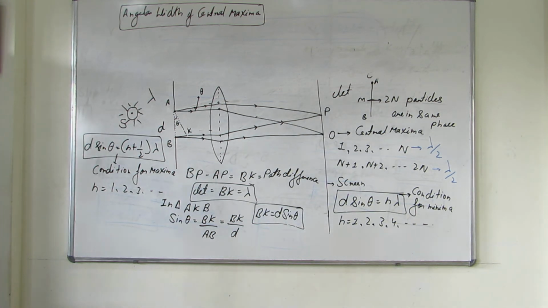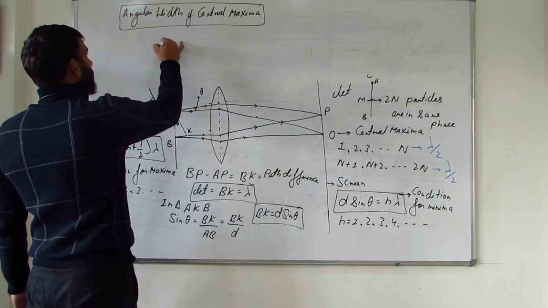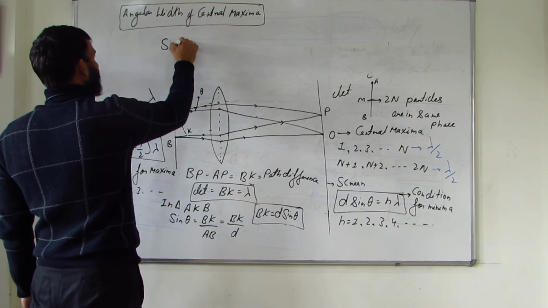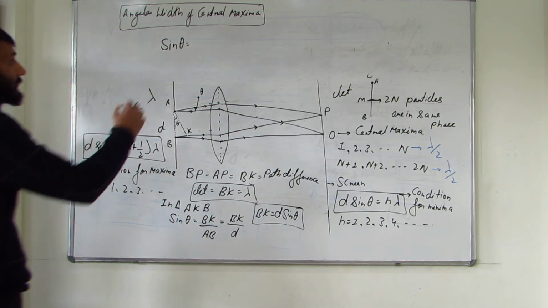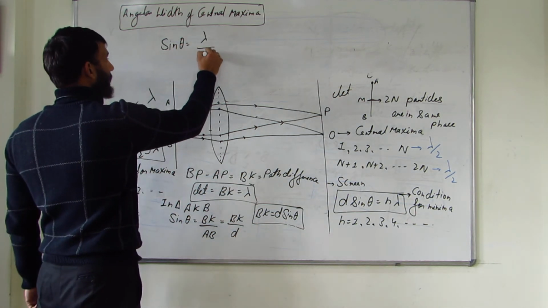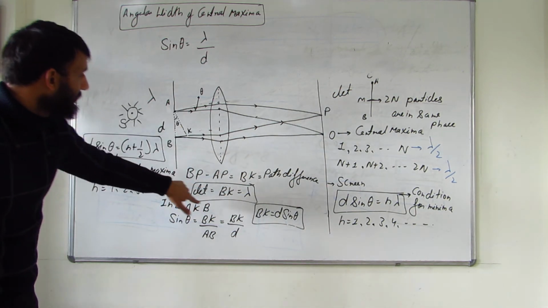So what shall I do now? I should take this sine theta, and you know that sine theta, which is the angle, will be equal to lambda by b, because this b we have assumed to be lambda.